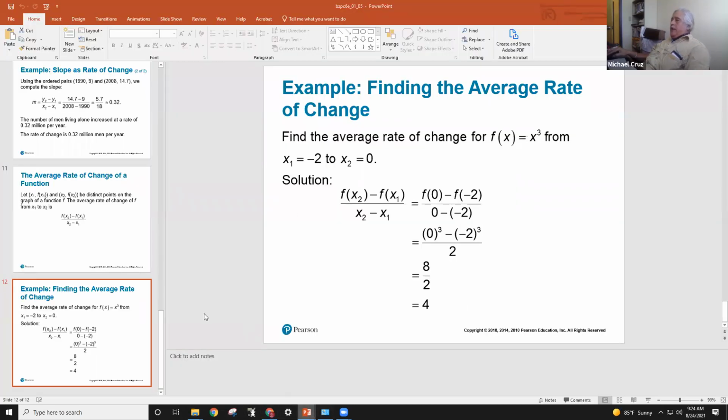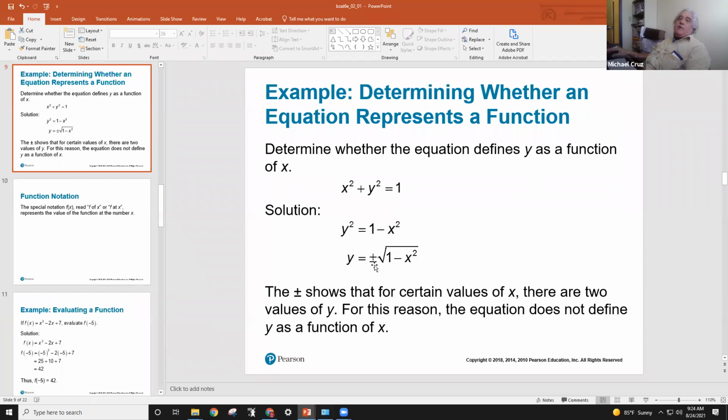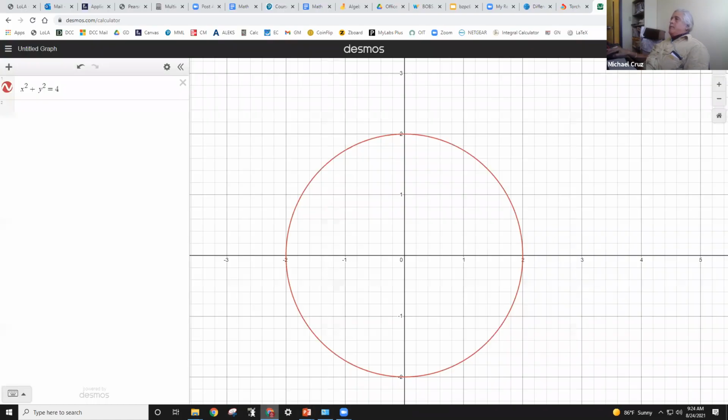Simply because there's this plus or minus in front of the x part once it's solved for y, that's going to, by design, give you two different values that are going to map to that y. Let's go on the board here and I'll show you.